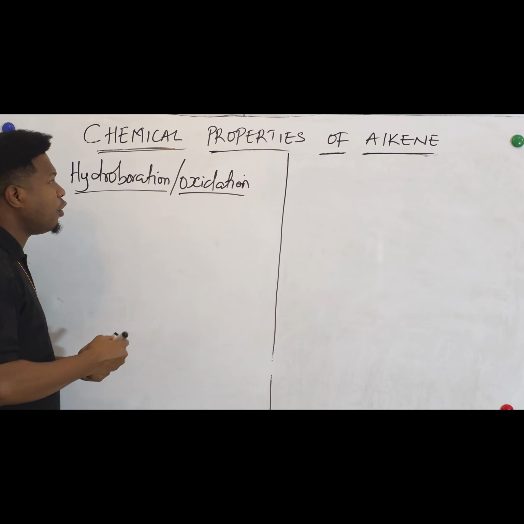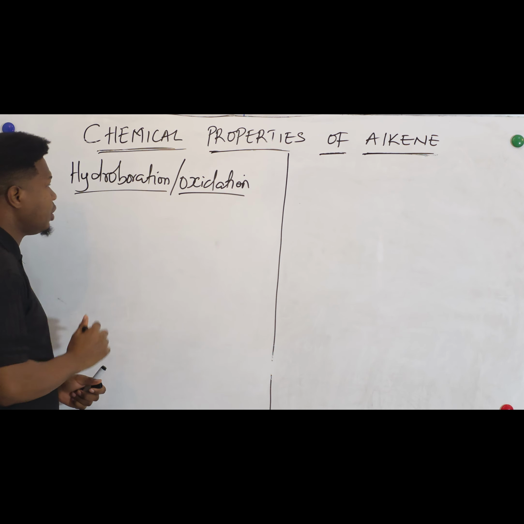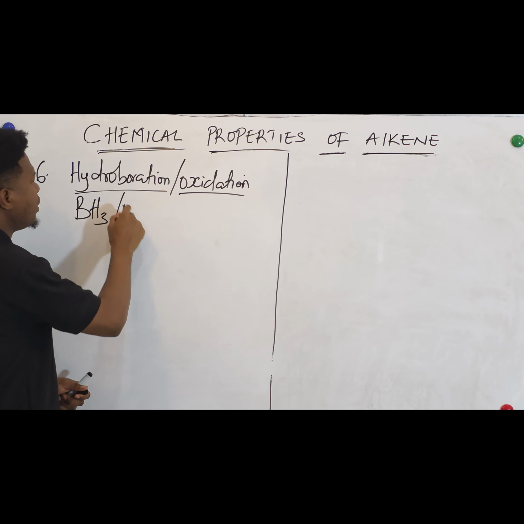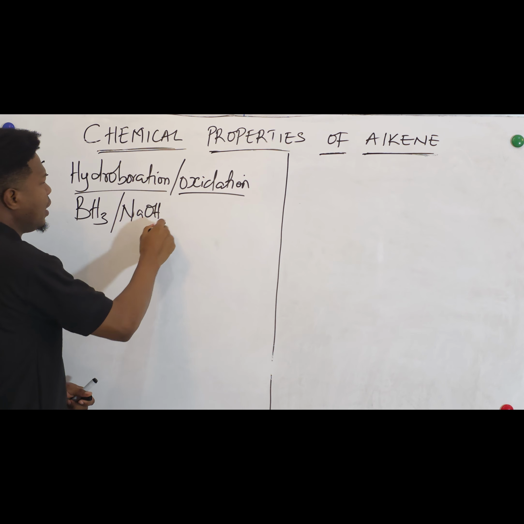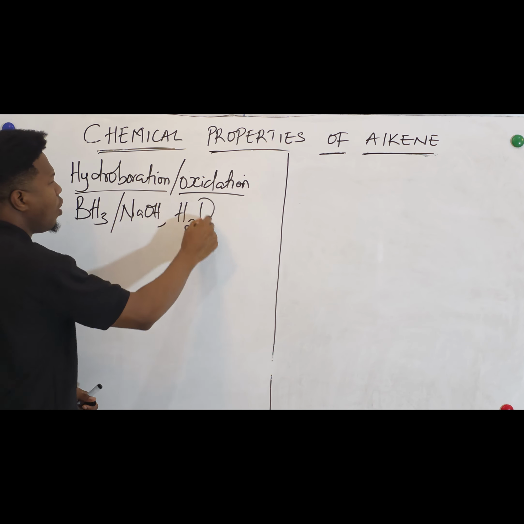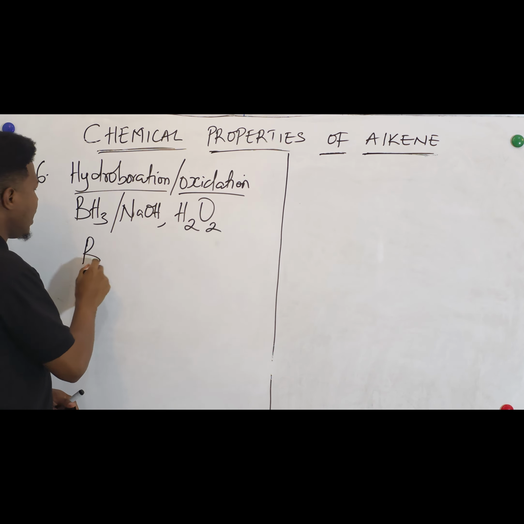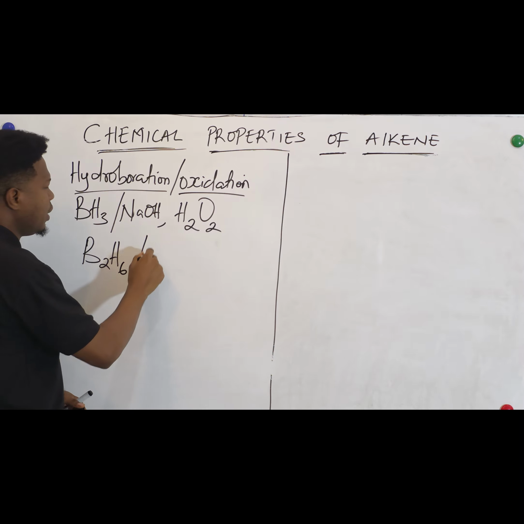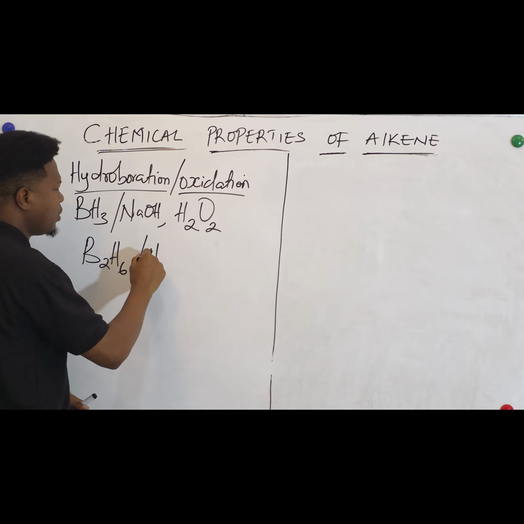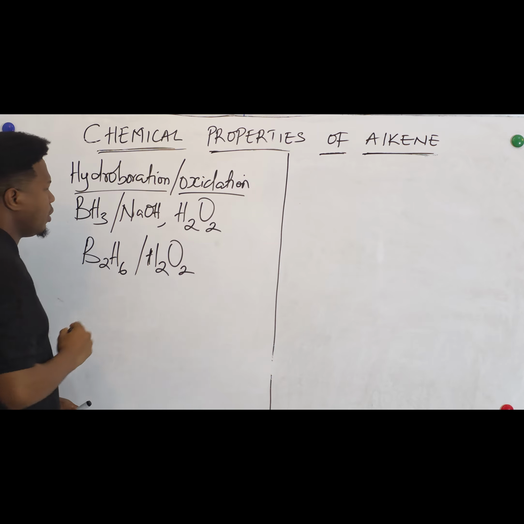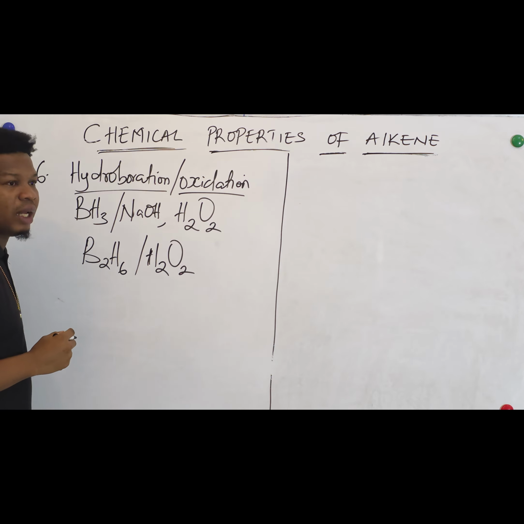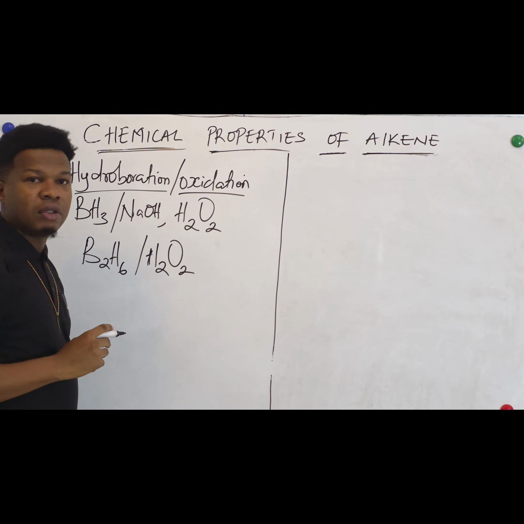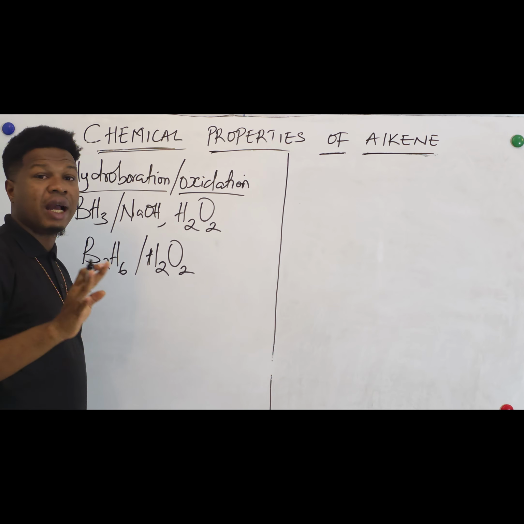So the reagent for this hydroboration is a borohydride dissolved in sodium hydroxide and hydrogen peroxide, or you can use a diborane dissolved in peroxide. Okay, so this is the reagent that converts the alkene to an alcohol following the anti-Markovnikov's rule.